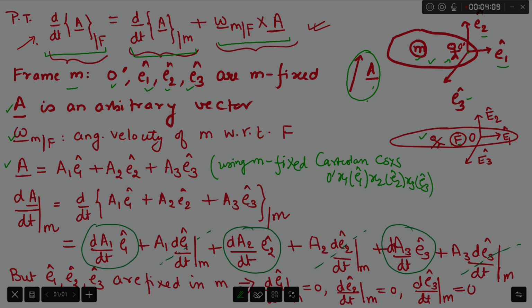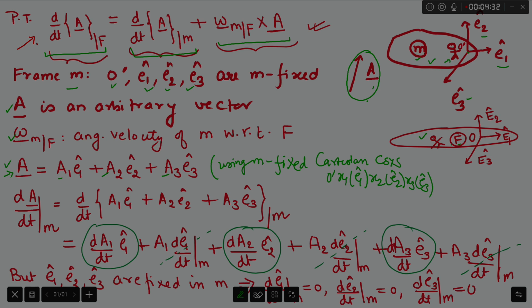This is the expression of A written here, where A1, A2 and A3 are the scalar components of vector A in this coordinate system. And these scalar components may be time dependent. There is no restriction on that.